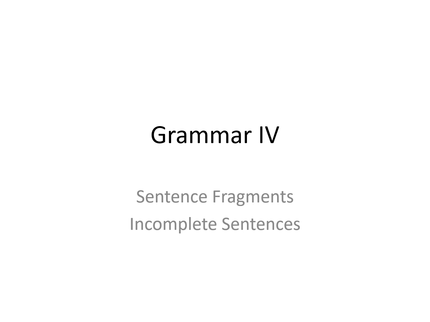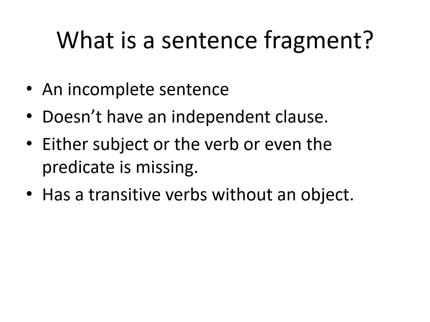Today we will see what a sentence fragment is. Now what is a sentence fragment? Before beginning to know what a sentence fragment is, you need to know what a sentence is. Now a complete sentence must have a subject, a verb, and a complete thought.